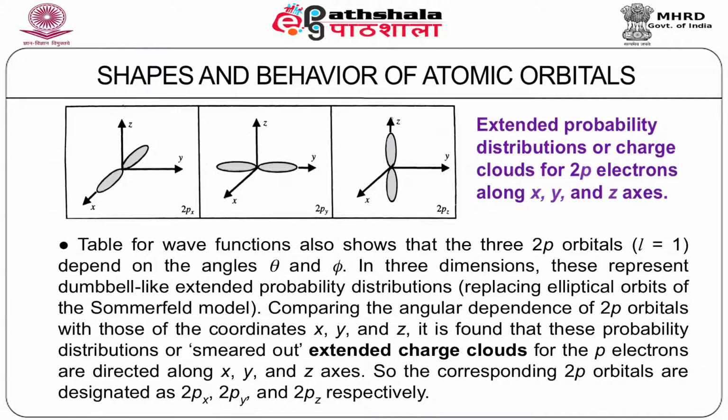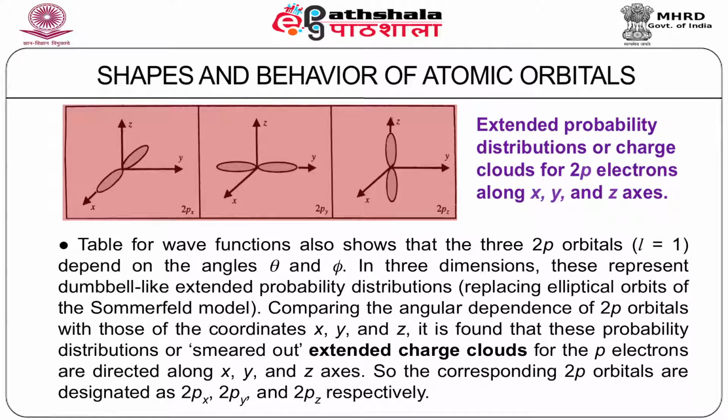So if you look into that table which gives the angular dependence of the wave functions, then you'll find 2px, 2py, and 2pz orbitals.